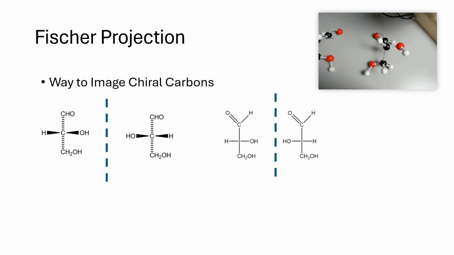So a scientist determined a way in which we can represent these chiral structures, which is to form a Fischer projection. A Fischer projection puts any chiral carbon at the crosshairs. It is not written in. Any achiral carbon is written out in its condensed form.